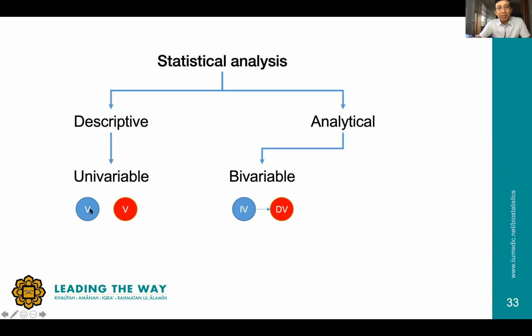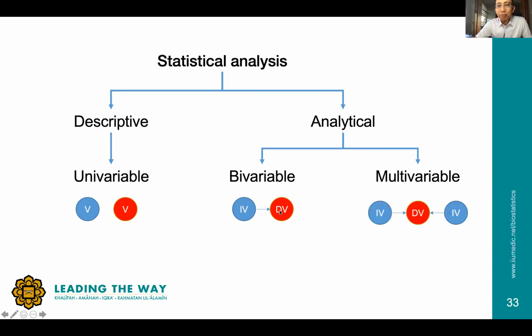Both are just a variable, so you analyze the red one or the blue one separately. We call this descriptive statistics. Descriptive is very important to measure the workload, the burden, the magnitude of illness. But when you talk about analytical statistics, the word compare comes in. You want to look at whether one variable affects the other variable. That's the concept of it.